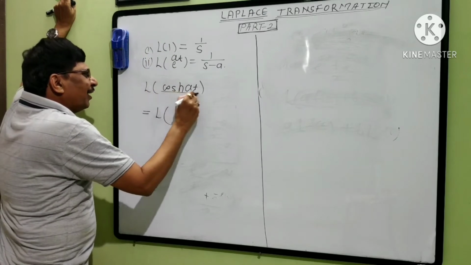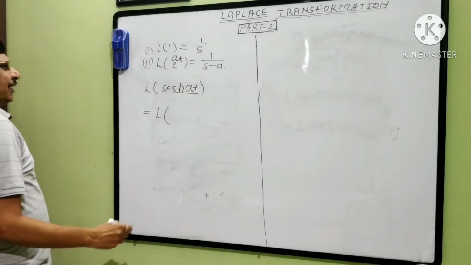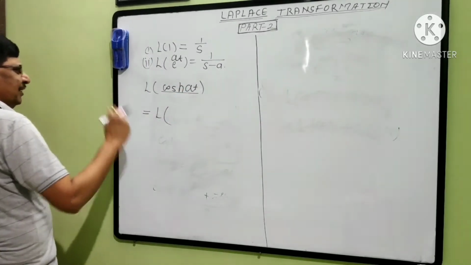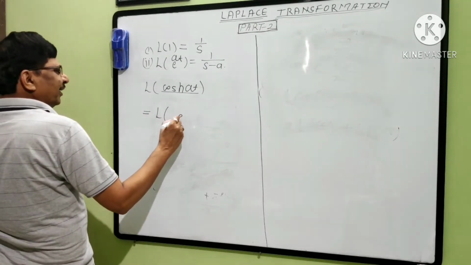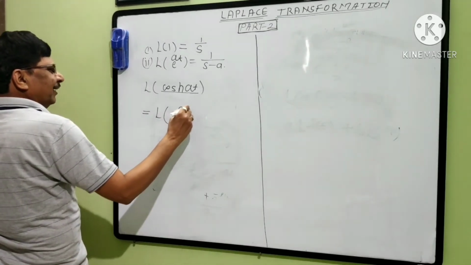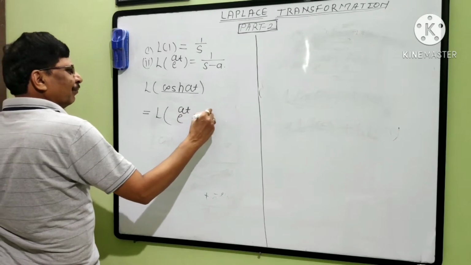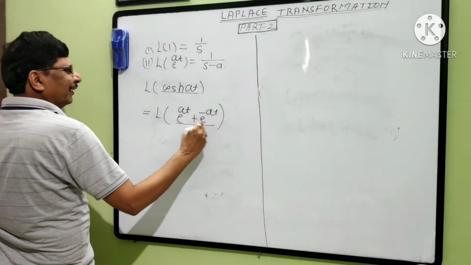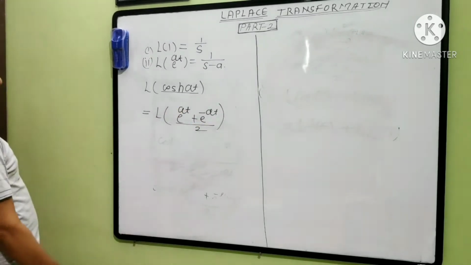For that, write down cosh(at) in terms of exponential functions. It will be (e raised to at plus e raised to minus at) upon 2. Okay, that is the definition.